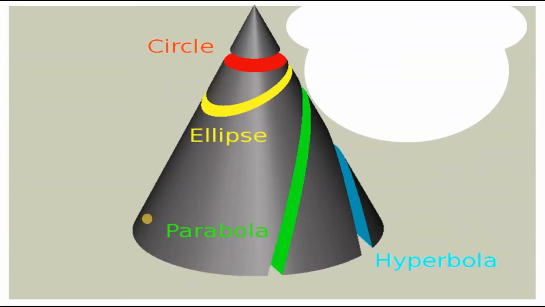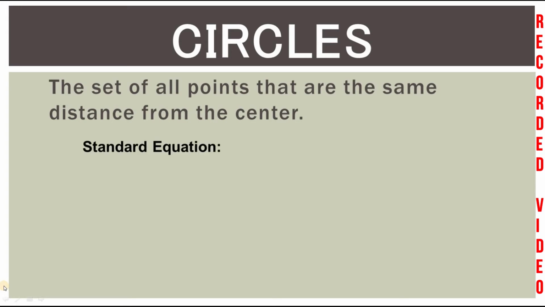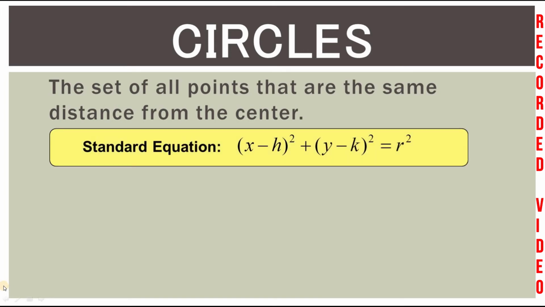Good morning, class. In our synchronous session, we discuss the 4 conic sections, namely circle, ellipse, parabola, and hyperbola. Now, we are going to tackle the first conic section, which is the circle. Circle is defined as the set of all points that are the same distance from the center. It is represented by the standard equation (x minus h) squared plus (y minus k) squared equals r squared.